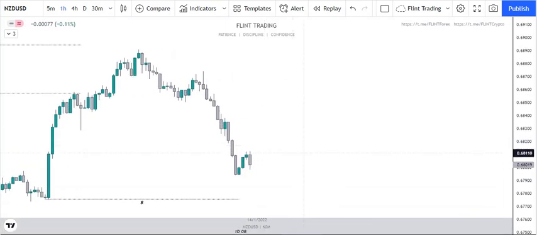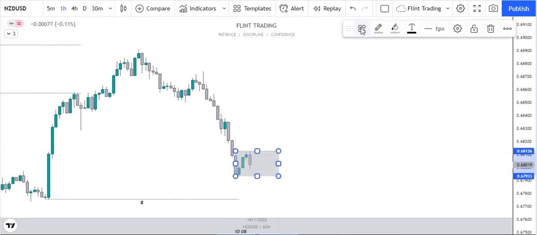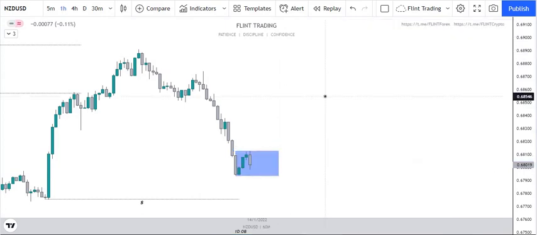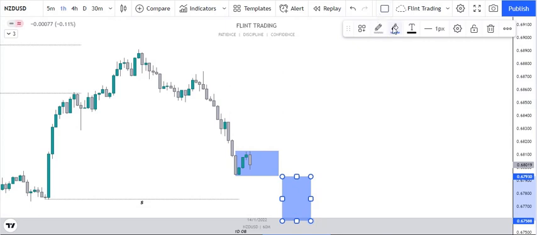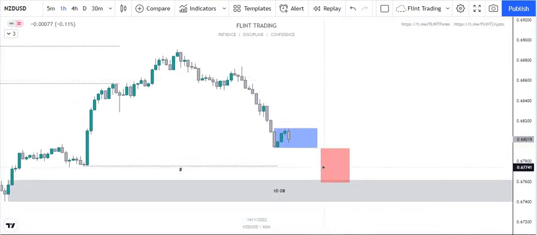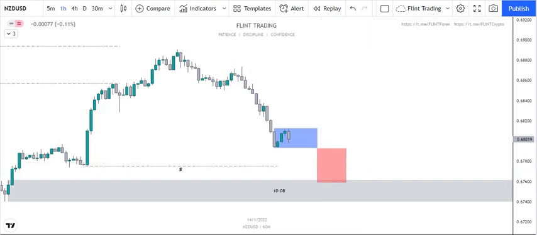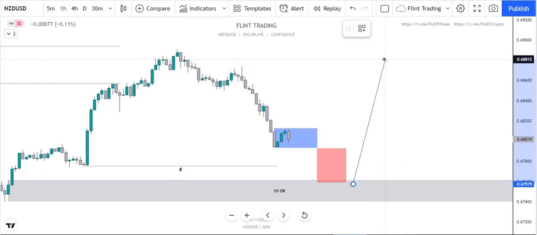Rather, what I'm anticipating right now is some sort of accumulation, and I will talk about that AMD pattern. So this is an accumulation phase, and what I'm anticipating next is some sort of manipulation phase, and when price taps into that, I'm anticipating a push up to the upside.